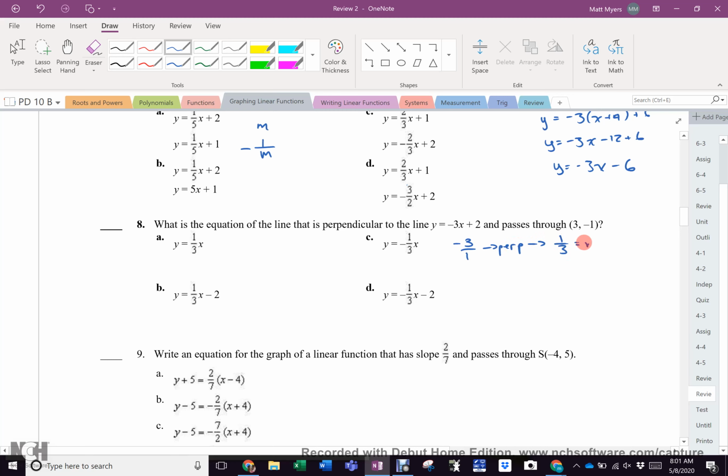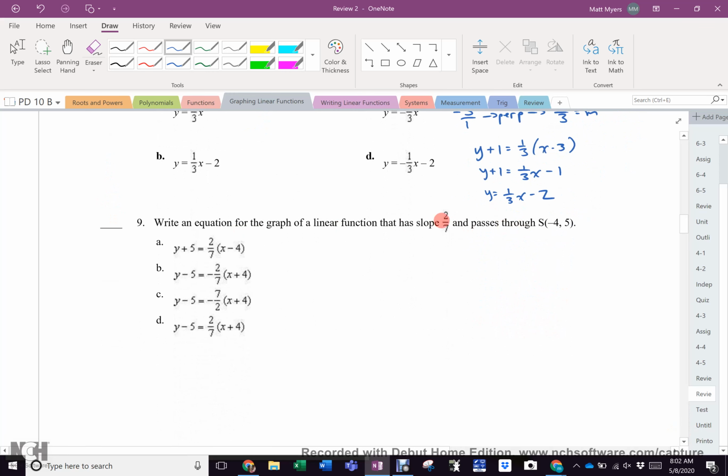Now I have a slope and a point. Y plus 1 equals 1/3 times x minus 3. Y plus 1 equals 1/3 x minus 1. Bring that 1 over here. Y equals 1/3 x minus 2. B.